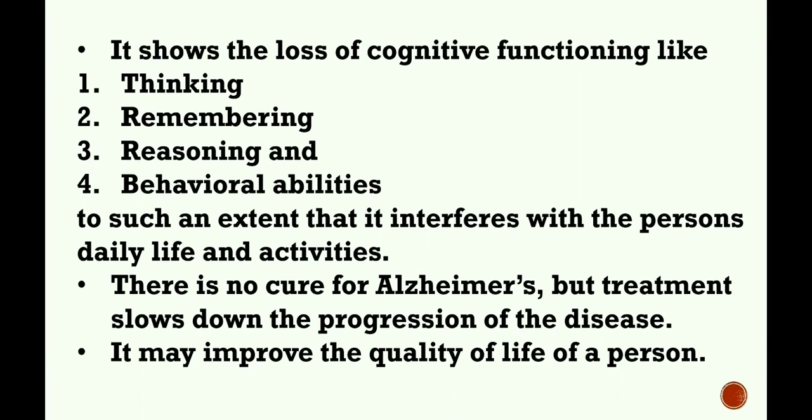These daily life abilities start degenerating to such an extent that it interferes with the person's daily life and activities. Because of this, it becomes difficult for a person to survive and to understand things properly. There is no cure for Alzheimer's disease, but treatment can slow down the progression of the disease, and it may improve the quality of life of a patient.